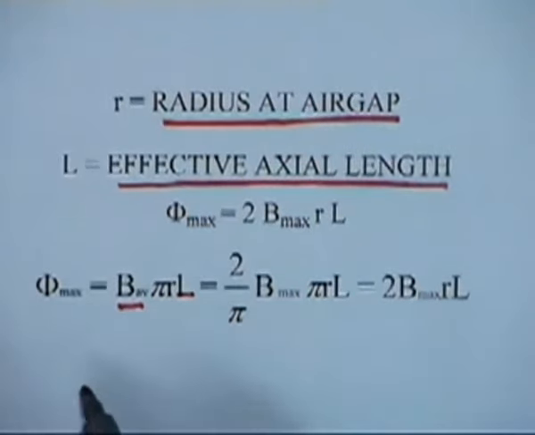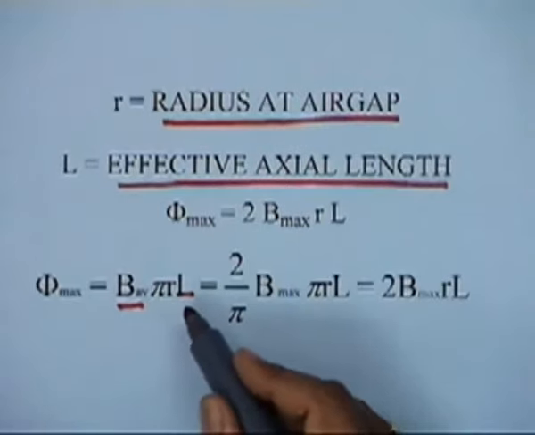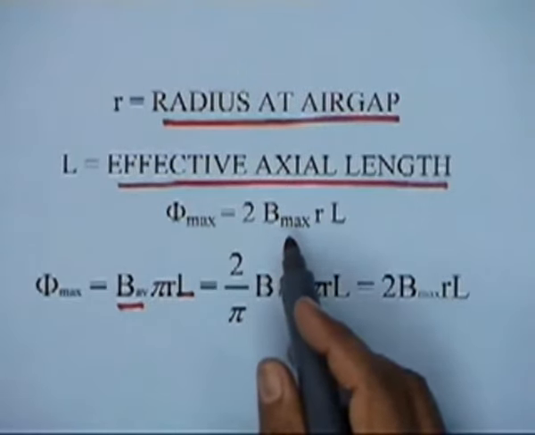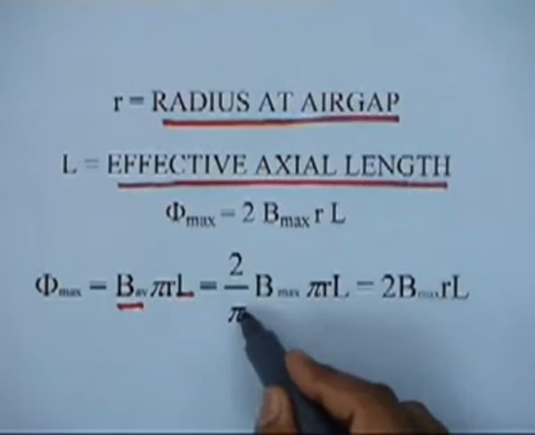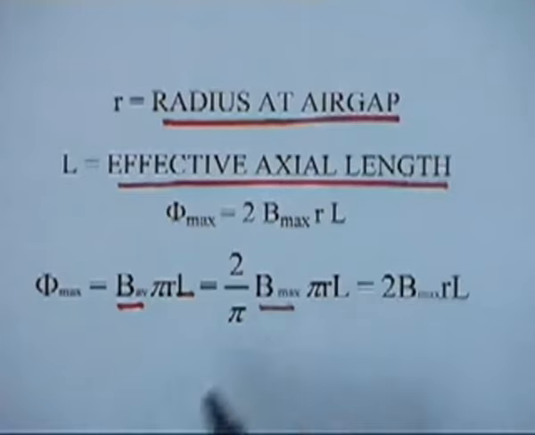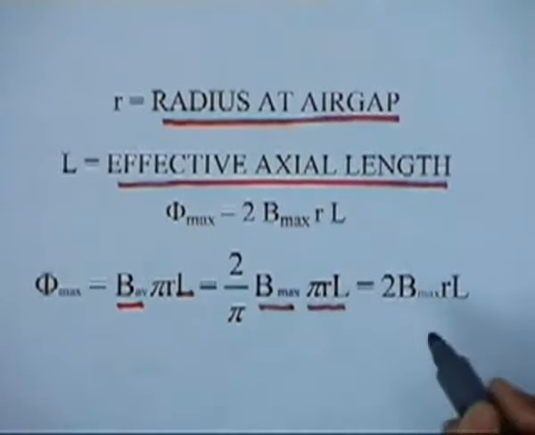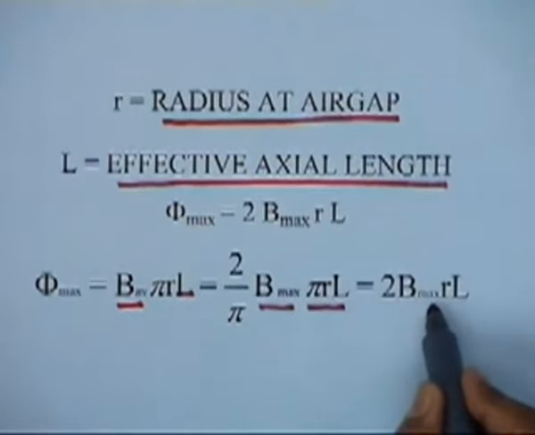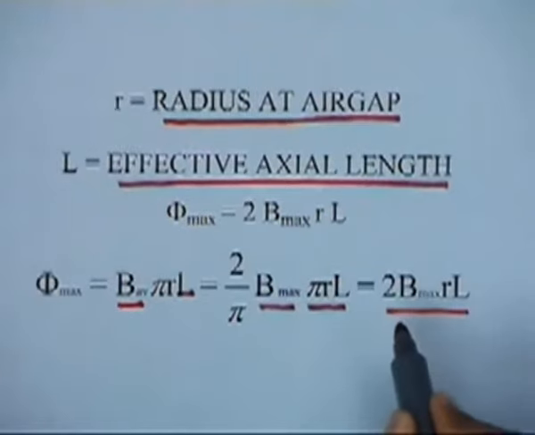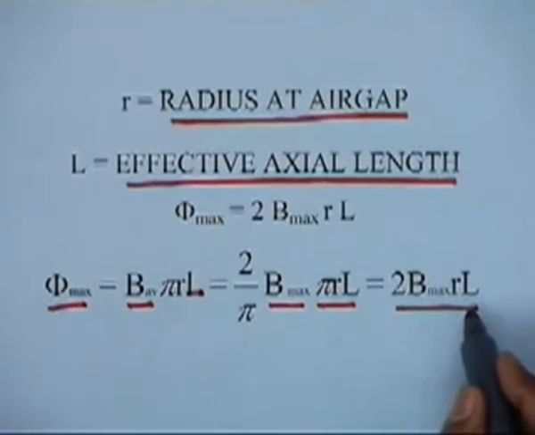And the average flux density, if B max is the maximum flux density, will be 2 by pi into B max for any sinusoidal wave, and that in the pole area pi RL. So this simplifies, pi gets cancelled, and you get twice B max into RL. So the flux per pole is given by twice B max into RL.